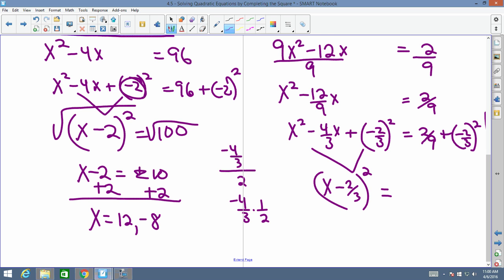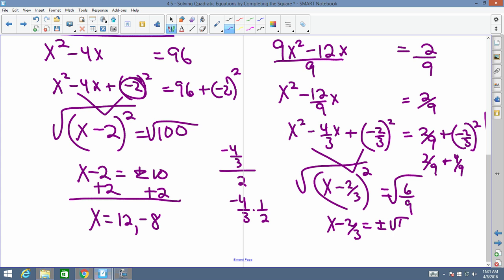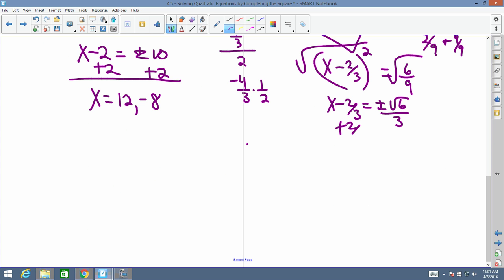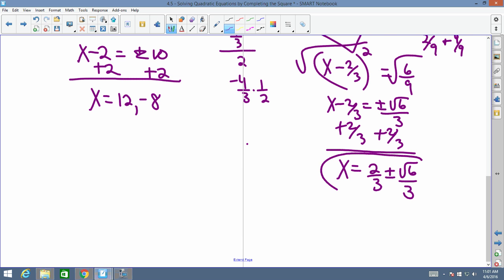And that's going to equal 2 ninths plus 4 ninths, which is 6 ninths. Square root both sides, x minus 2 thirds equals plus or minus square root of 6 over 3. Add the 2 thirds to both sides, and x equals 2 thirds plus or minus square root of 6 over 3.